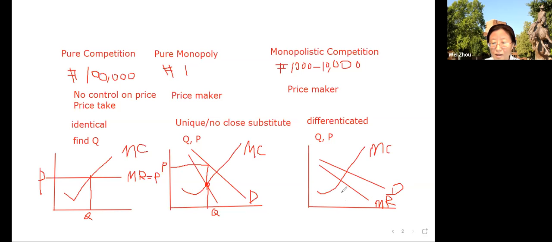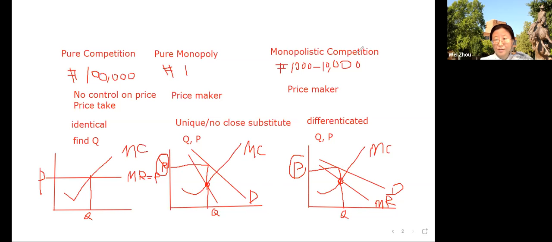Where marginal cost equals marginal revenue, that is where you want to produce, to maximize your profit or minimize the loss. And to find the price, again go up to the price, which is the demand. Just by looking at this graph, you can see that of course a pure monopoly can charge a higher price. Monopolistic competition is more flat, so less price.